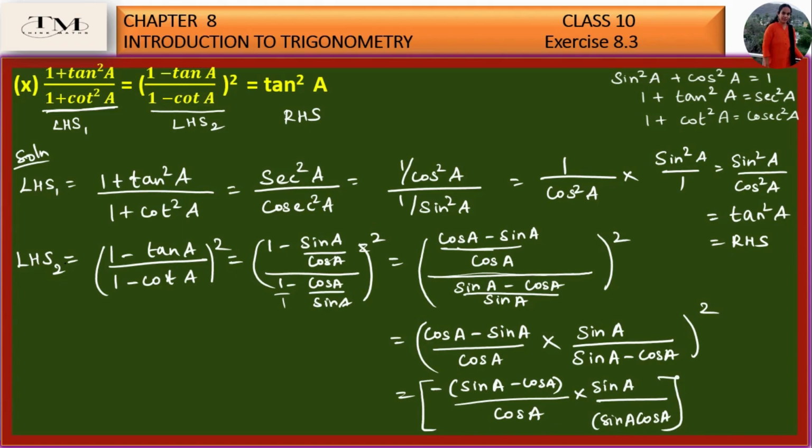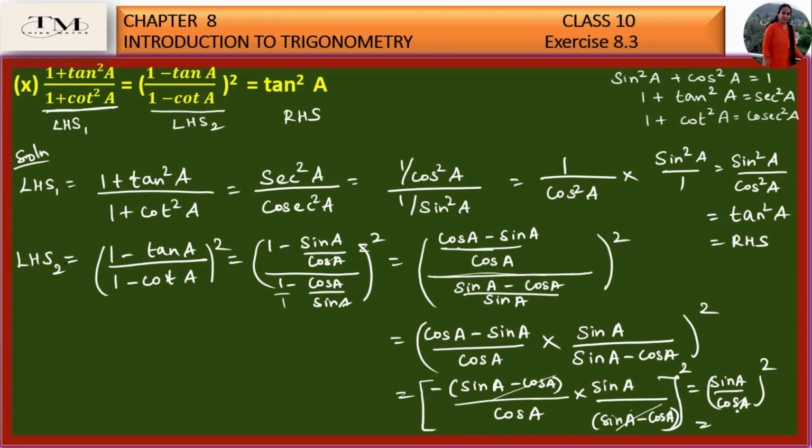Okay children, now what happens? Here we have a negative sign. This sin A minus cos A and sin A minus cos A get cancelled. And minus square is positive. So we have sin A by cos A, whole square.